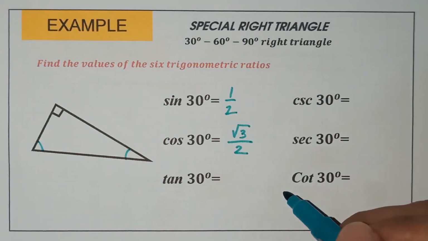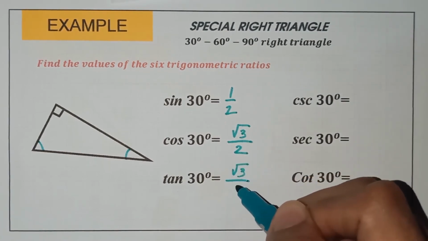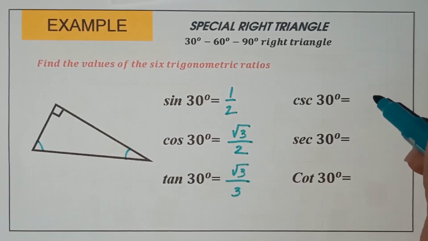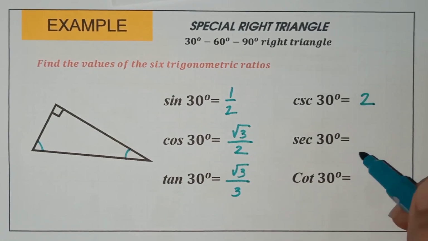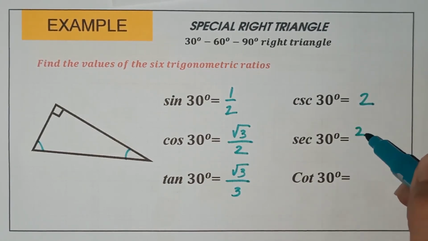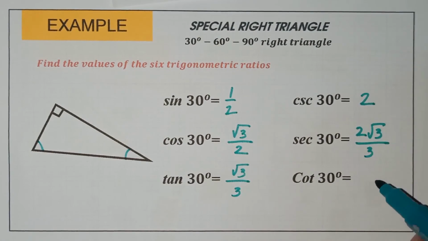Tan 30 degrees is always equal to square root of 3 over 3. And cosecant is always equal to 2. Secant 30 degrees is always equal to 2 square root of 3 over 3. And cotangent 30 degrees is always equal to square root of 3.